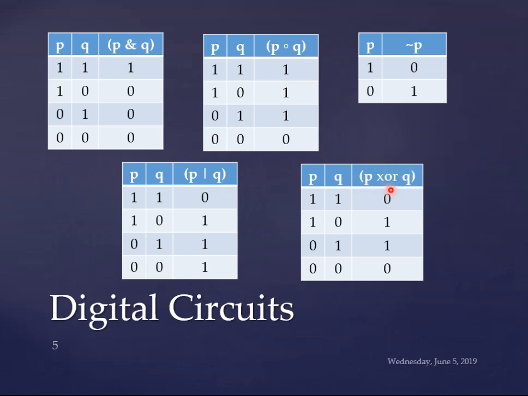I just call it XOR, which is what it's called in the language of digital circuitry, and it means exclusive OR. The only time it puts out a 1 is if only one or only the other is a 1. If you get two 1s or two 0s, it's a 0. That's the one thing you have to know that's different about digital circuitry.